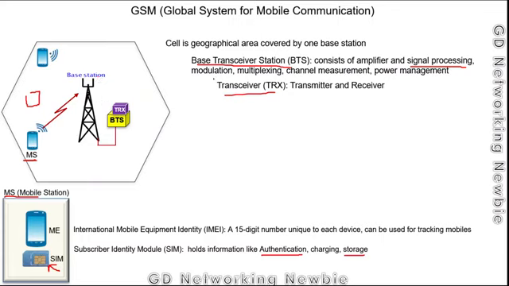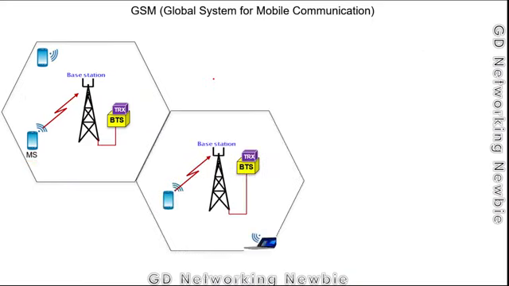As we discussed, if we want to cover a larger area, we can have multiple towers. Say we have one tower, one cell, and a second cell, and in the same way we can have multiple cells. If you want to increase the area covered by that operator or by that service, we keep replicating these towers and these cells.